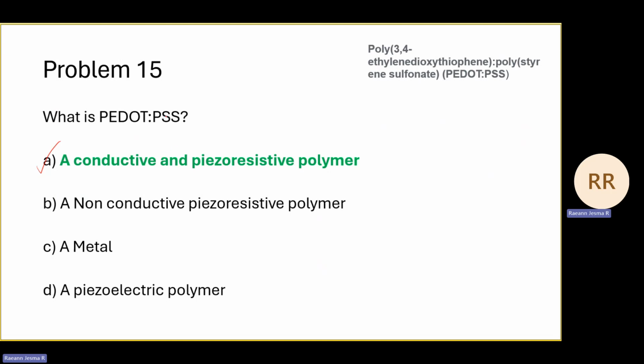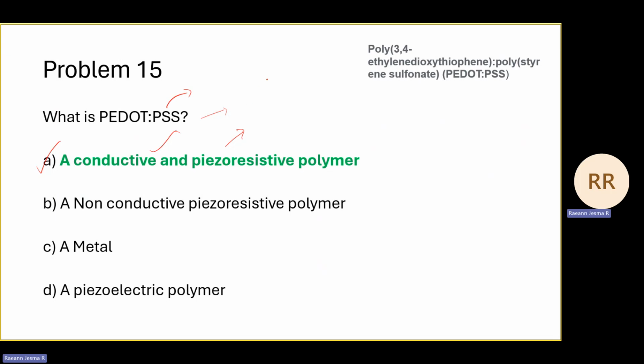This PEDOT:PSS, since it is conductive, in addition to its conductivity, it has piezoresistive property. So this is generally used in fabricating flexible devices or organic semiconductor devices. So in those cases, we use this kind of polymer in order to make any piezoresistive structures.